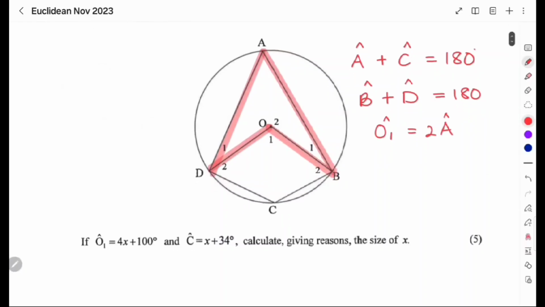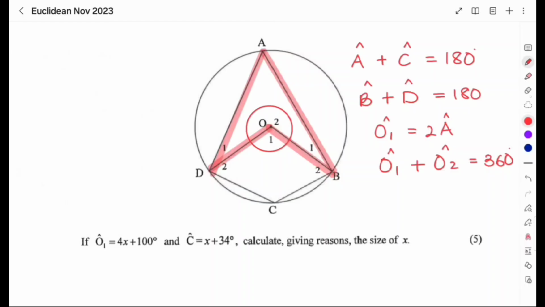In addition to this, you should notice angles around a point. O1 plus O2 is equal to 360. Always remember the angles around a point is equal to 360 degrees.